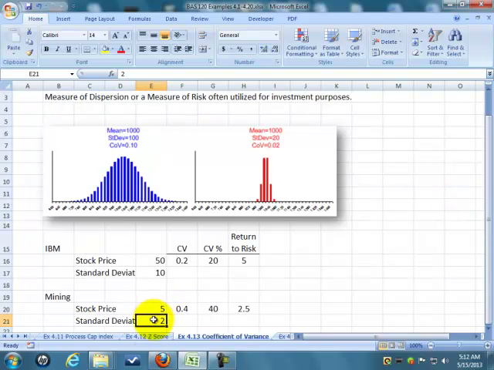It's got a standard deviation of 2, but a mean or stock price of 5. So its coefficient of variance is 0.4, or on a percentage basis 40, and its return to risk is much lower. So this statistic is used often for investment purposes to say how volatile or how much risk or how much dispersion is in that individual stock.